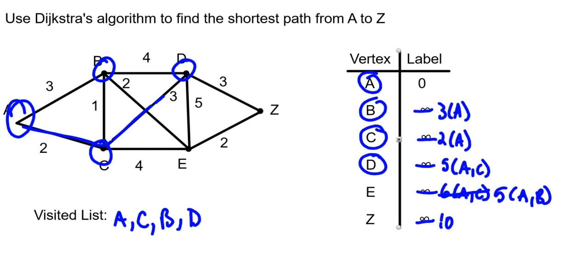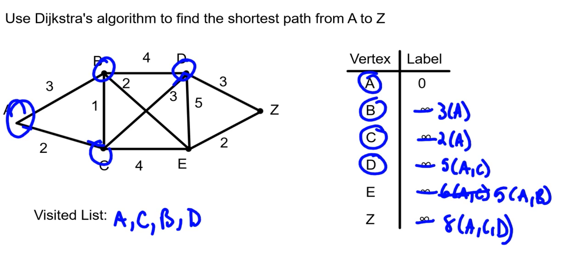A to C to D to Z, because we get to D through C. That's actually a cost of 8. So Z will get labeled as 8 from A to C to D. Okay. I just want to erase that path so that when I see other paths, that's not cluttering my screen.